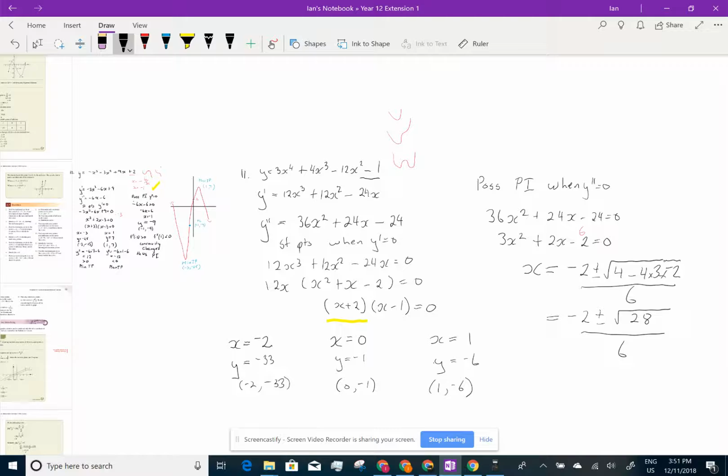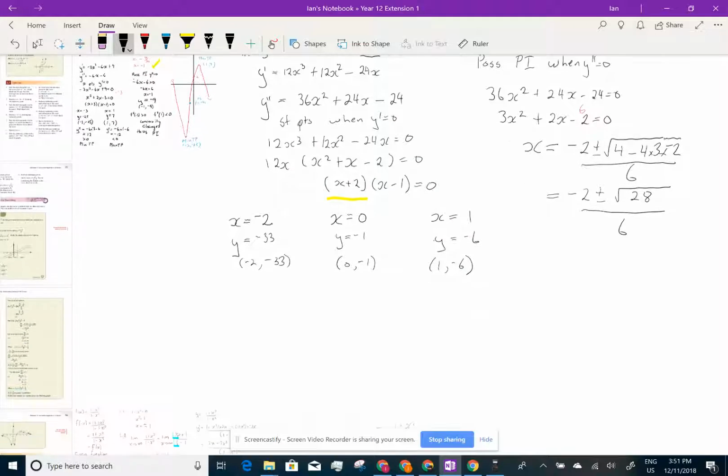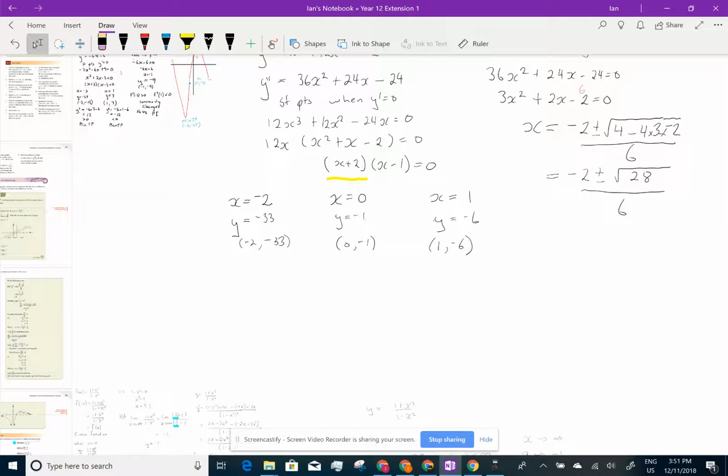And that's going to be minus 2 thirds plus a bit, minus 2 sixths. So minus a third plus a bit, and minus a third minus a bit. All right. So at least I know they exist. Let's go back here and deal with these stationary points.